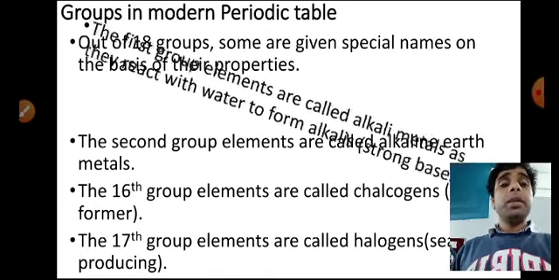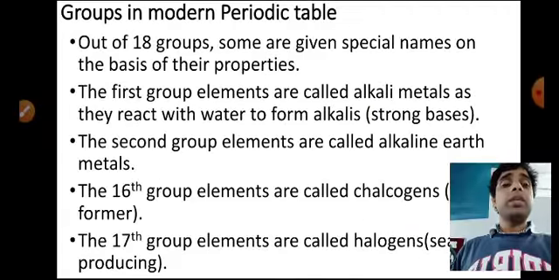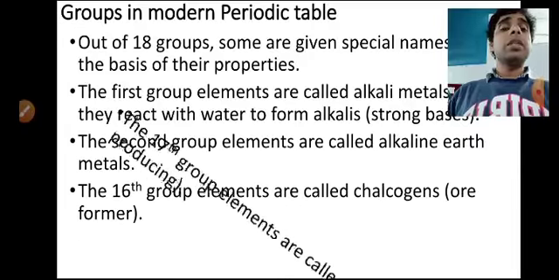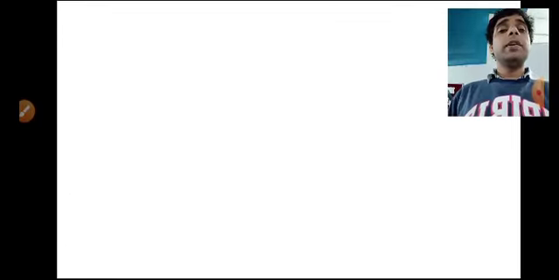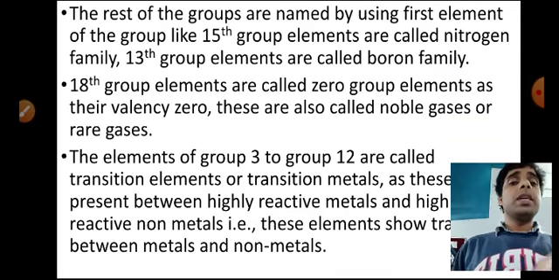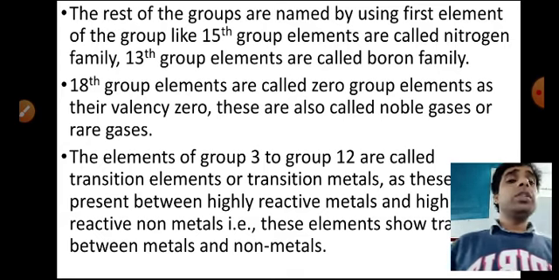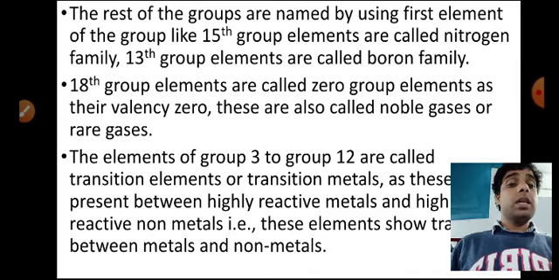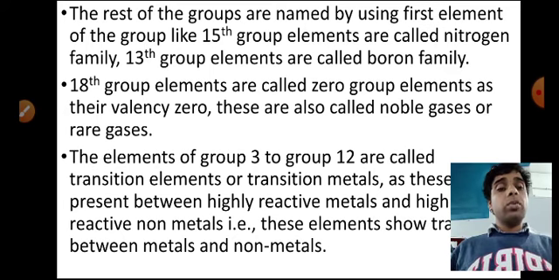So in brief, you can read one by one: alkali metal, then alkaline earth metal, then chalcogens, then sea salt former. The rest of the groups are named by using the first element. First is alkali, second alkaline, 16th chalcogens, 17th halogen.